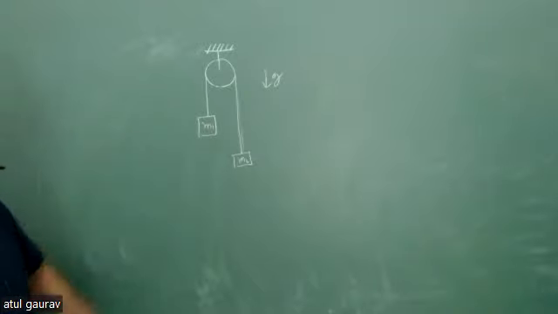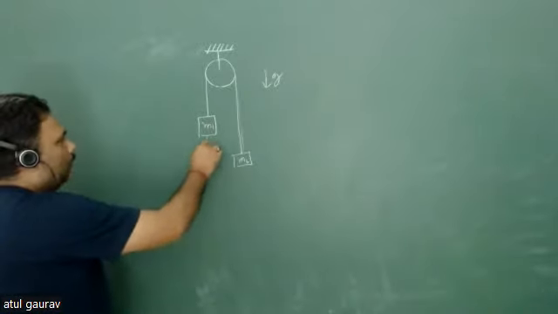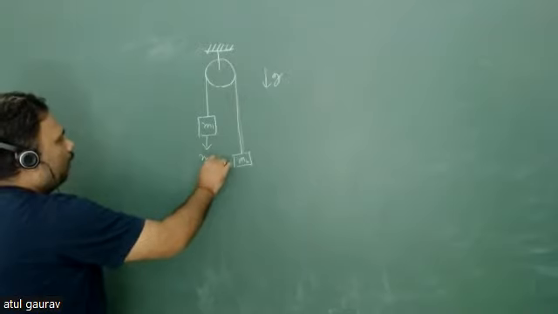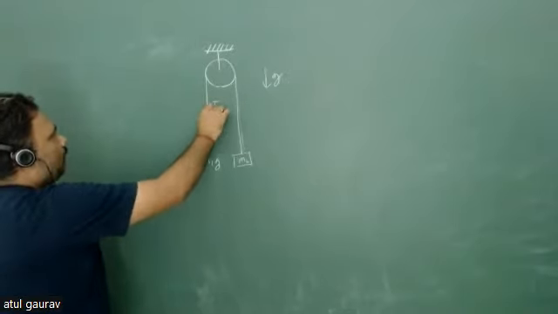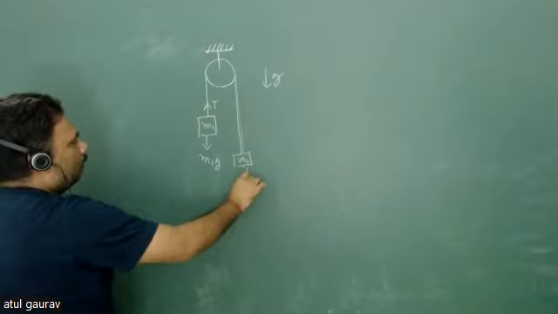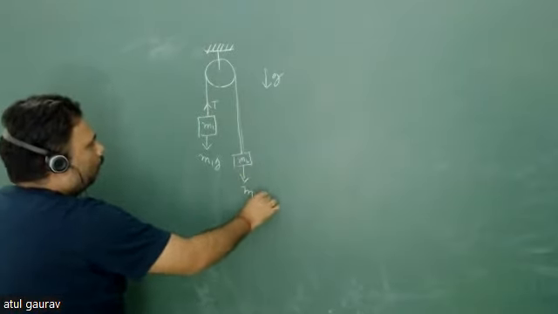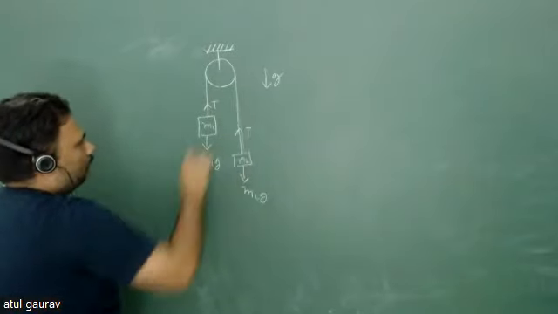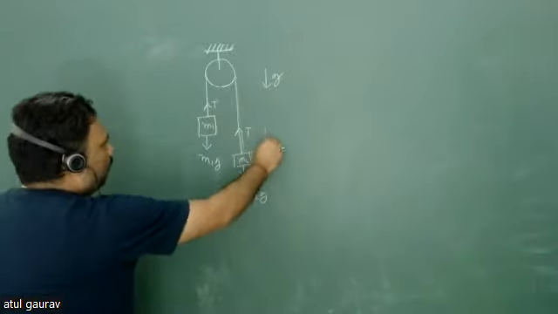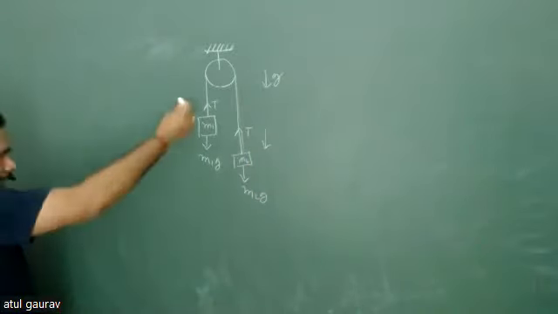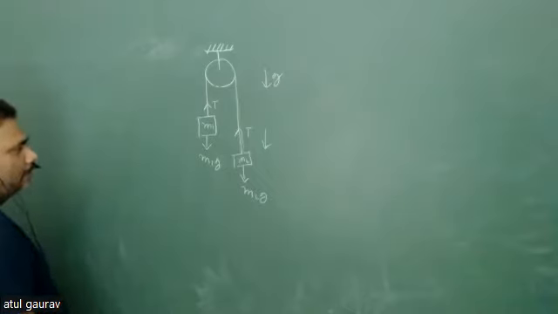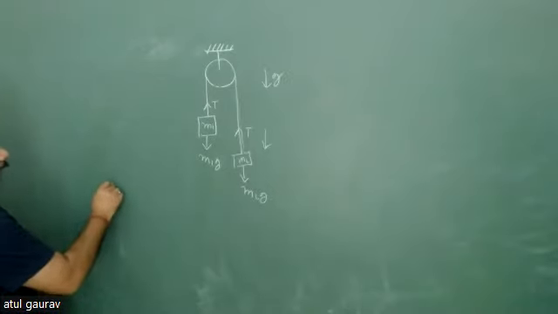In general, 90% people will just write, okay, there is M1g, this value is equal to tension, this value is equal to M2g, and this value is tension. Suppose this is going downward, and I can take this one as acceleration. So how will you write?